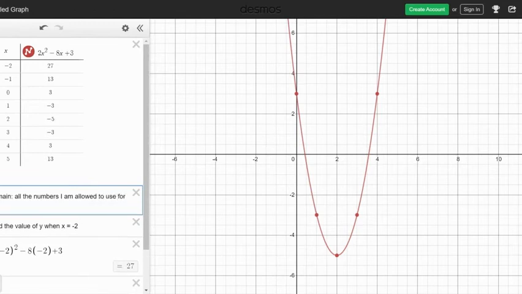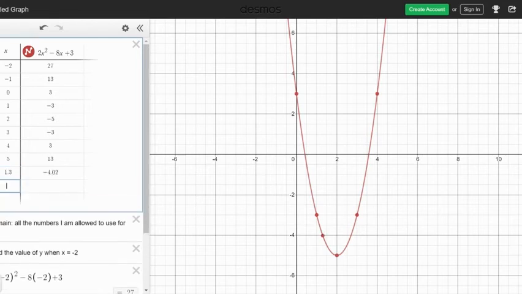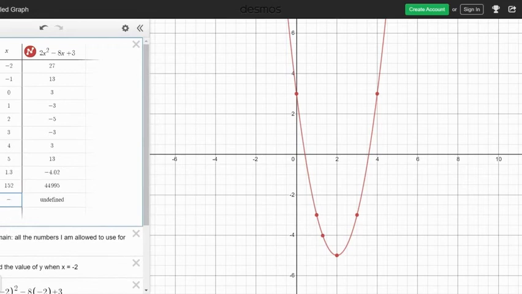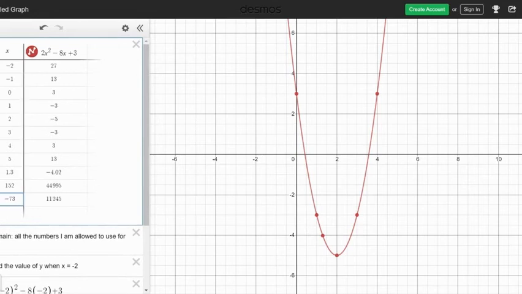And if you take a look at it, I could pick any number I want and I could add it to my table. So I could add 1.3 and I get an answer. I could add 152 and I get a really huge answer. I'm not going to want to graph it, but there is a point there. I could do -73. So the idea in domain is that I can plug anything I want in for x. So my domain is all real numbers.